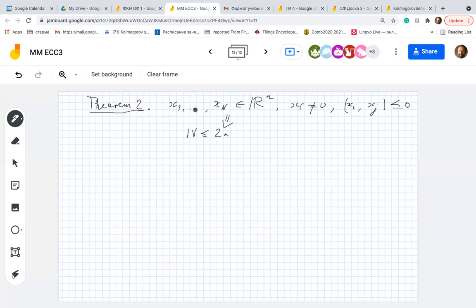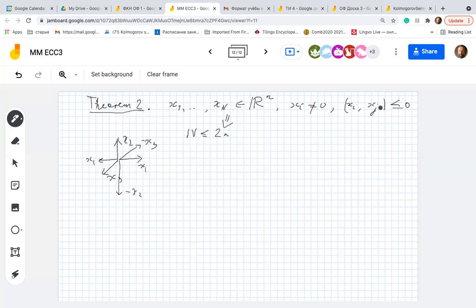And here it is very easy to understand that this upper bound can be attained. For example, to attain this bound, we consider the vectors which are coordinate vectors, x1, x2, x3, say for n equal to 3. So they are pairwise orthogonal, and there are n of them. And also we take the negative vectors, minus x1, minus x2, minus x3. And now we have 2 times n vectors, and the inner products are either 0 or minus 1, which is okay.